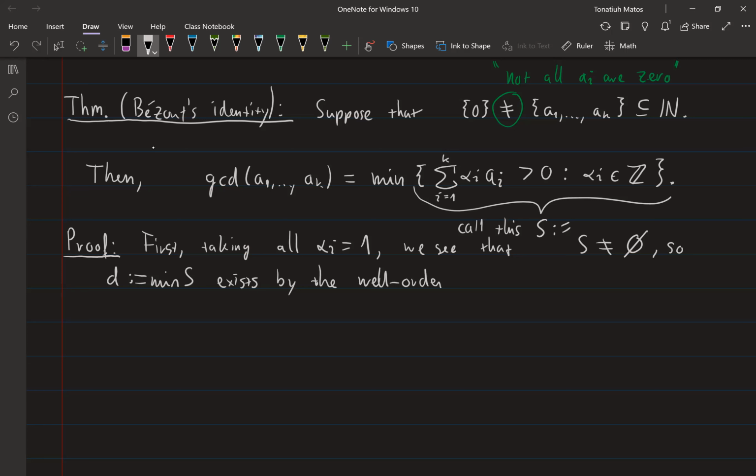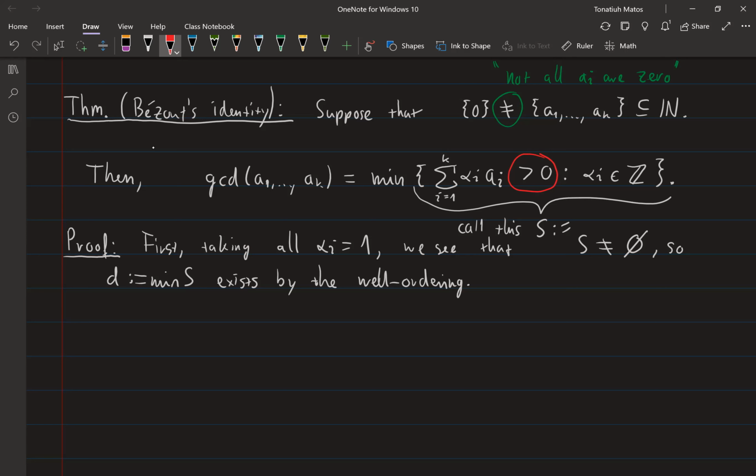Keep in mind that when you're proving a statement like this, proving that the statement makes sense in the first place is usually part of the proof. I don't just have to show you that these two things are equal. I have to convince you that this minimum exists in the first place. If I remove, for example, this symbol that I'm circling in red, then the statement will not make sense anymore.